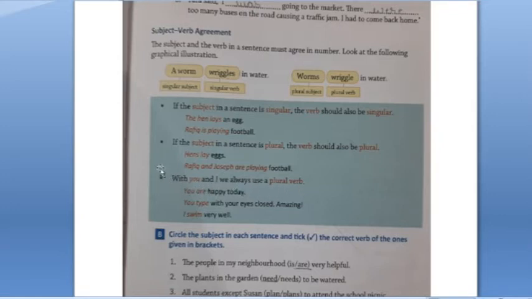So remember this point, that always we have to use a plural verb with you and I. You are happy today. You type with your eyes closed, and I swim very well. So these are the plural verbs like swim, type, and are.